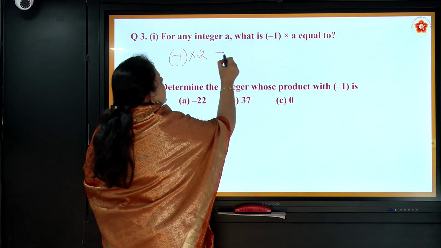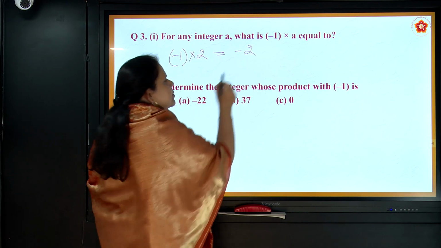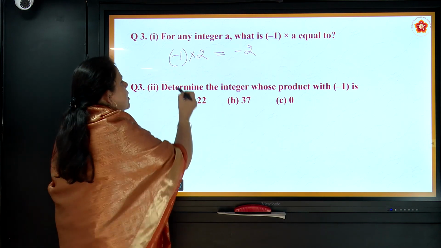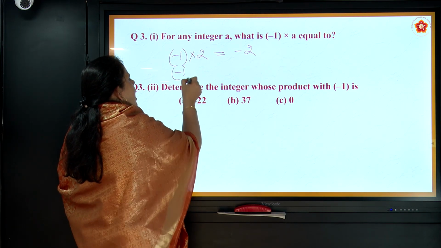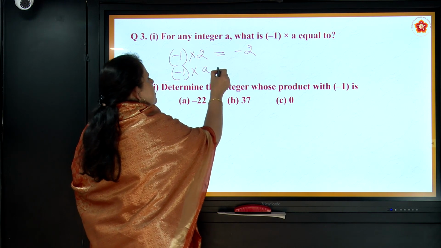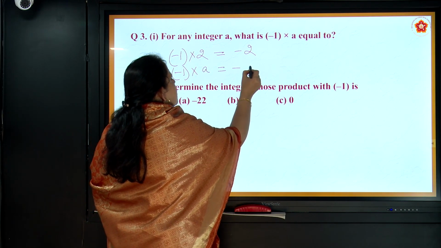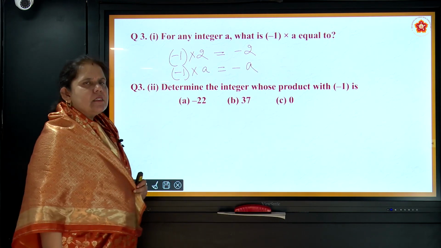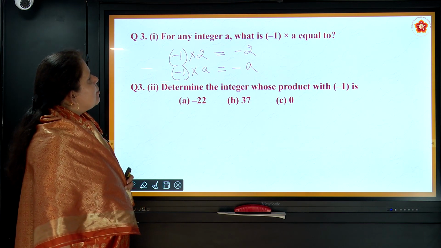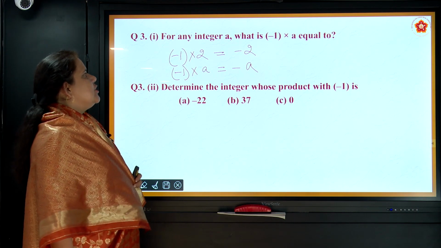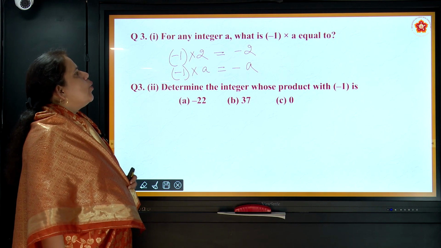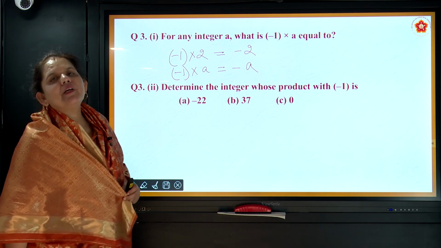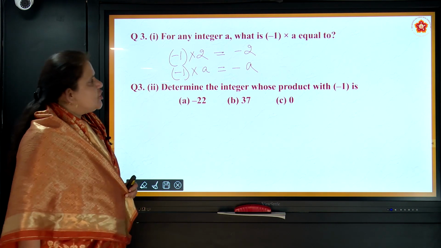So, this will be minus 2. I am now generalizing it. What will it become? It will become minus a. So, if we multiply a given integer by minus 1, what will happen? The sign of the given integer will change.